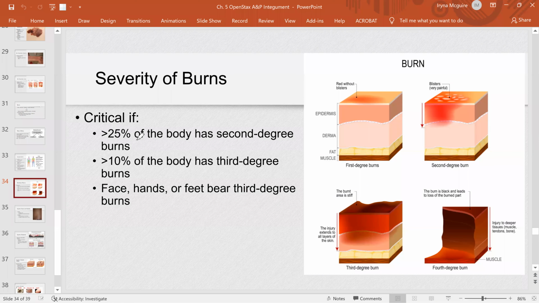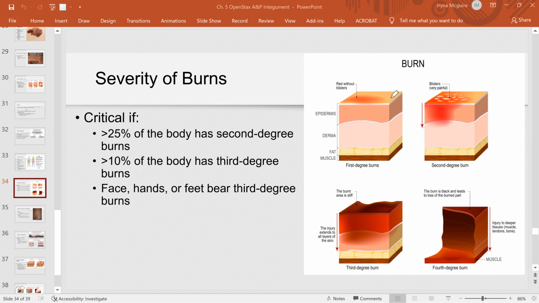Critical if more than 25% of the body has second degree burns, or more than 10% of the body has third degree burns. And of course, it also depends on where exactly the burn is, and it's more dangerous when we have face, hands, feet bearing third degree burns.